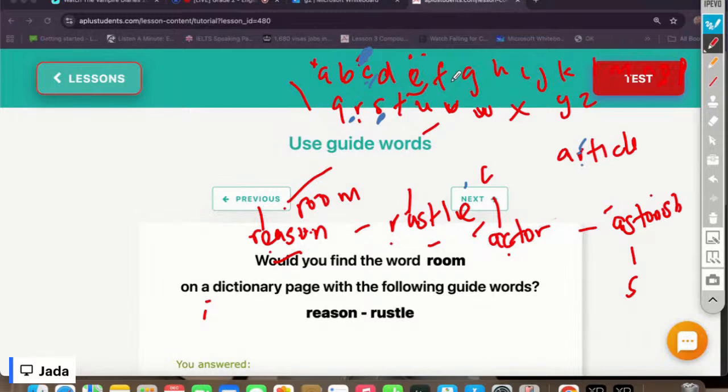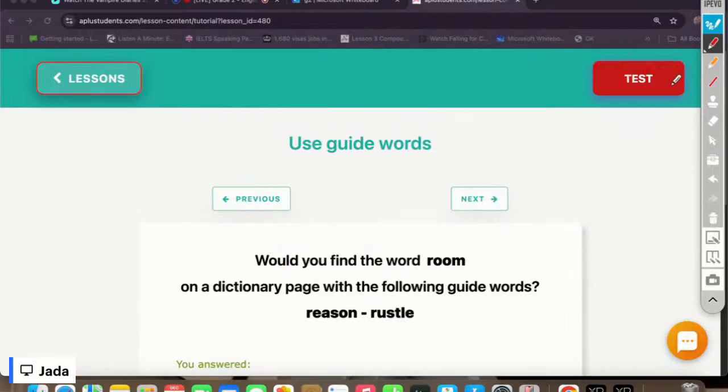Because the first letters are the same, we have to look at the second letters. So let's write the alphabet again and look at one more example.